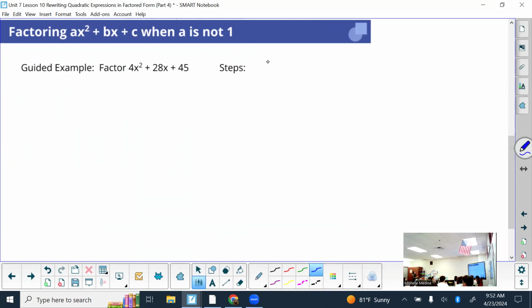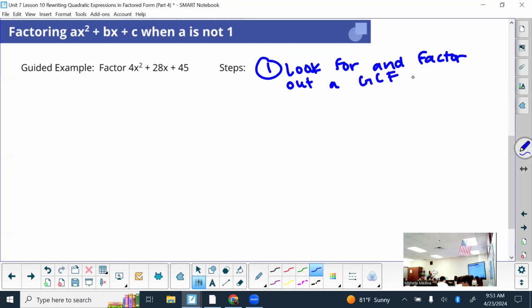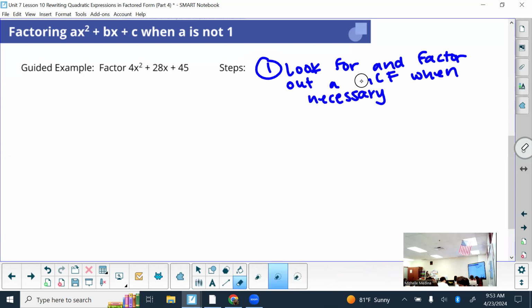First step, always, in any problem that tells you to solve by factoring, you have to look for and factor out a GCF when necessary. So step 1, look for and factor out a GCF when necessary.